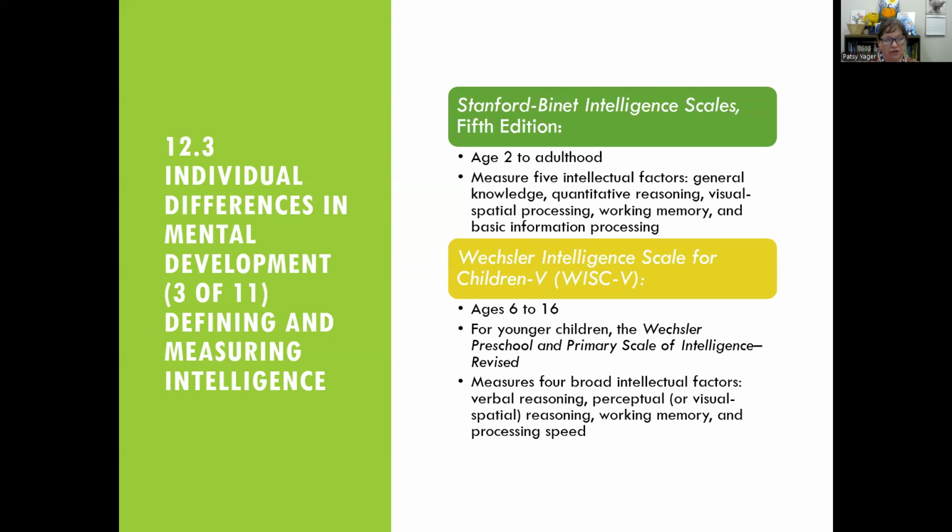The Wechsler Intelligence Scale for Children 5, this is for ages 6 to 16. Younger children, there's a separate scale. It measures the 4 broad intelligence factors: verbal, perceptual, working memory, and processing speed.